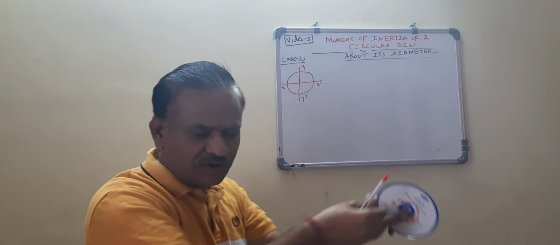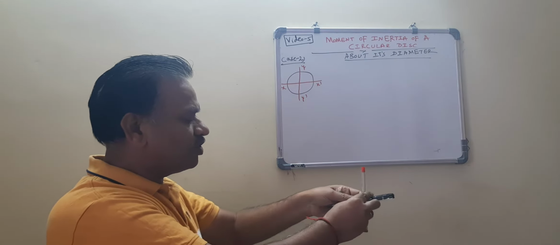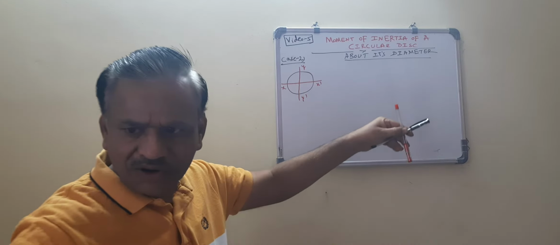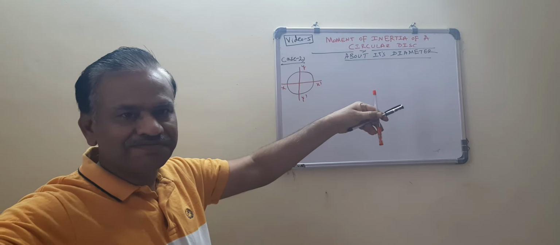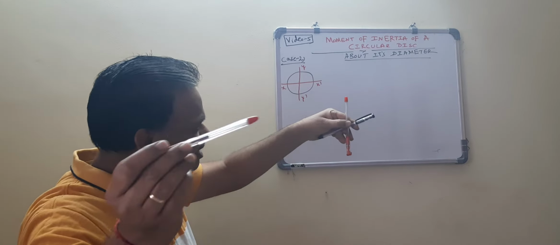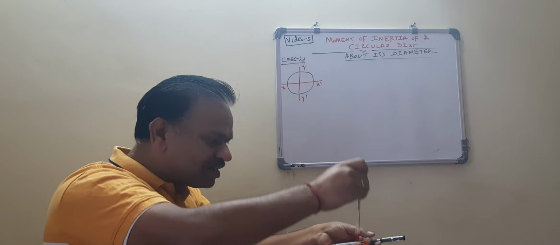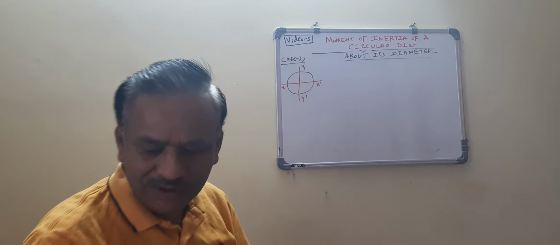Imagine yourself, I can't hold all three pens. This is the X-axis, this is the Y-axis, and this is the Z-axis. The Z-axis is nothing but the moment of inertia of a circular disc about an axis passing through its center of gravity.